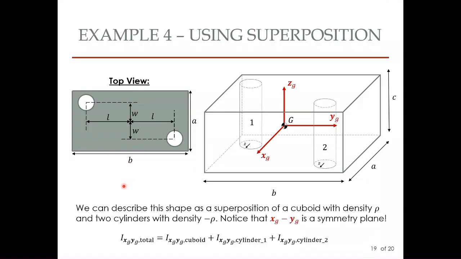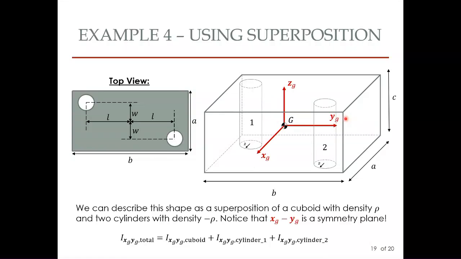And what I wanted to show here, for the entire shape, I'm going to calculate Ixy. Okay, so the inertia product, Ixy. And for the first time in this lecture, it's not going to be 0. Ixy is not 0, because essentially zx or zy are not symmetry planes.